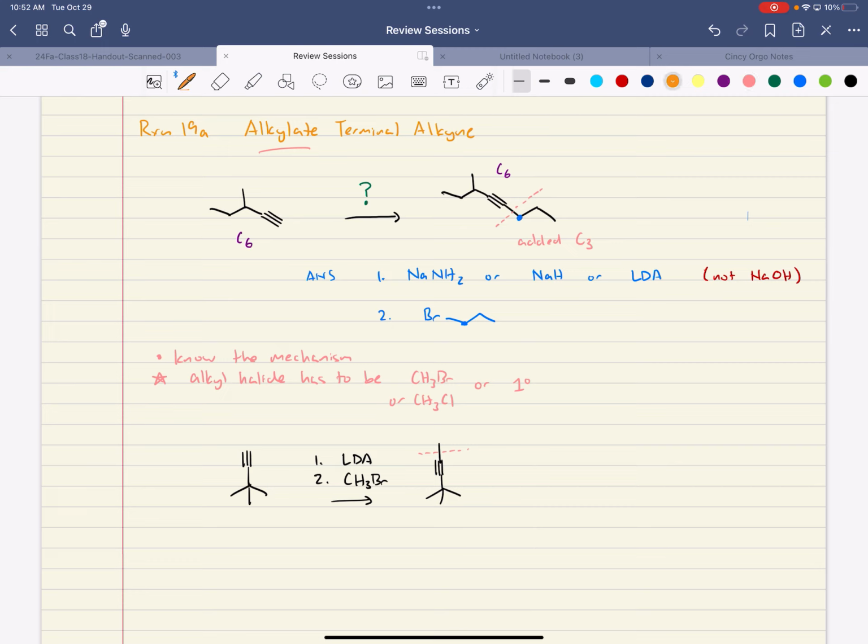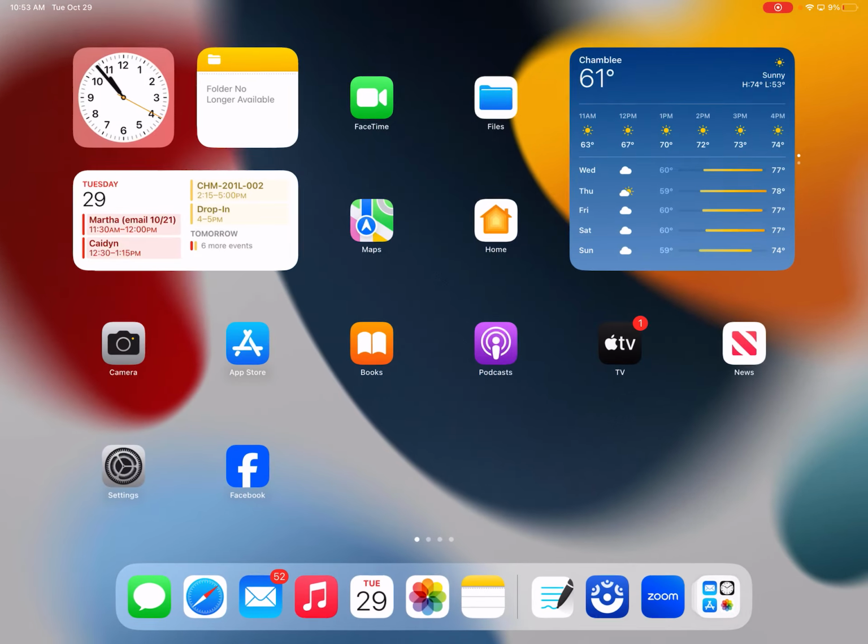This is 19. Okay. Any questions about this? I think the tricky part is that your alkyl halide has to be primary or methyl.